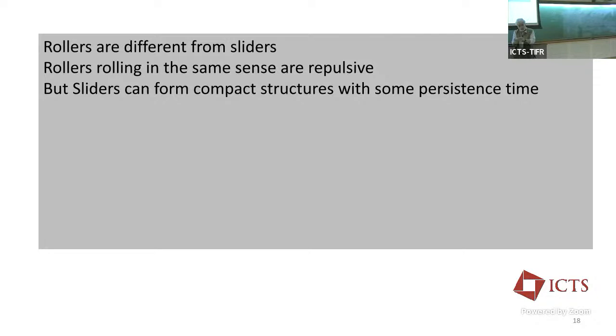If this rolls, then if this is in contact, it has to roll the other way. So they cannot roll together in this kind of format. But if they are like this, and then they want to slide or stay together, there is no problem of them staying together.